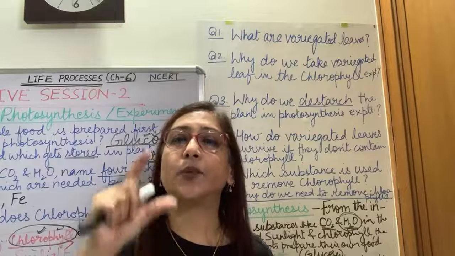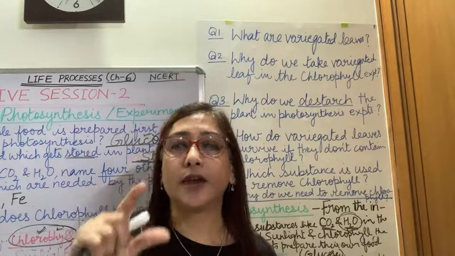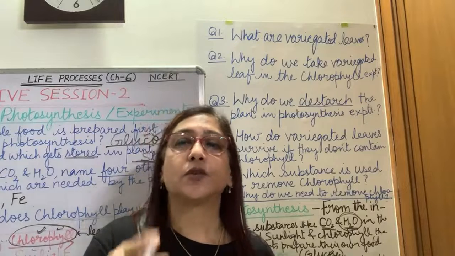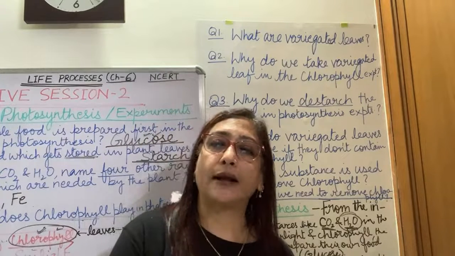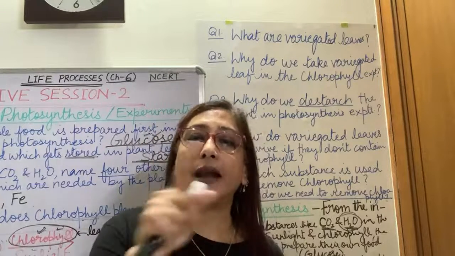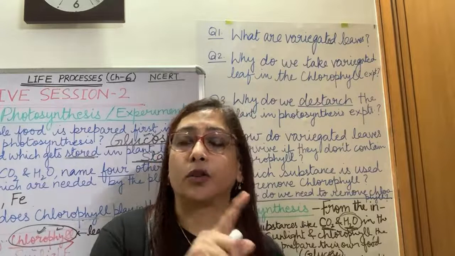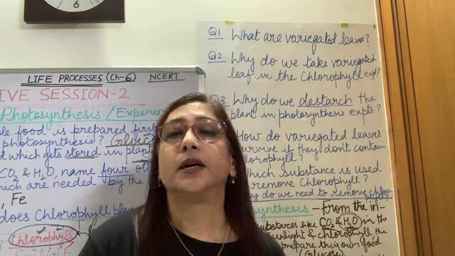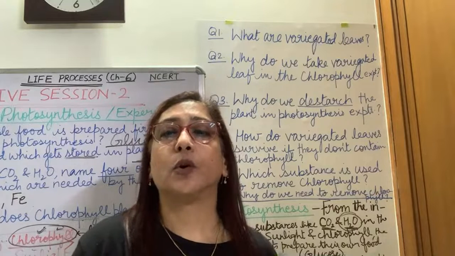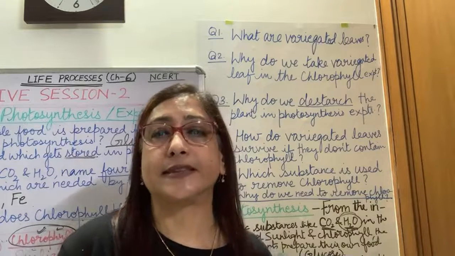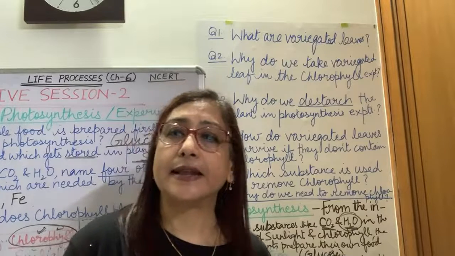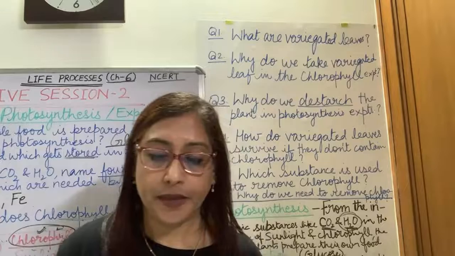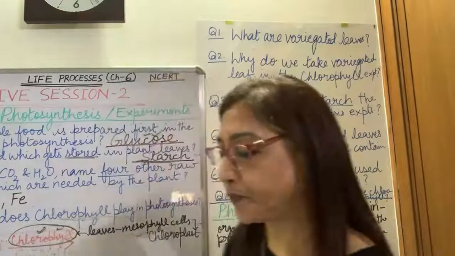So the areas where the leaf was green had prepared starch, so that gave blue-black color with iodine, and the white area or the non-green area did not give the blue-black color with iodine solution. So we had proved that chlorophyll is necessary for photosynthesis. That is the only reason why we took variegated leaf in the chlorophyll experiment.